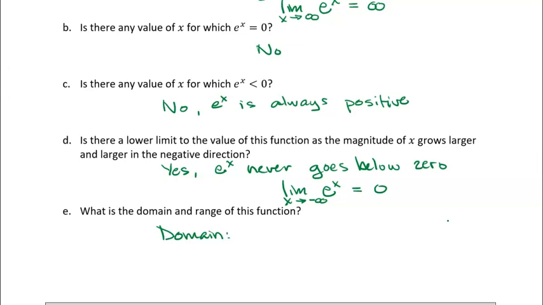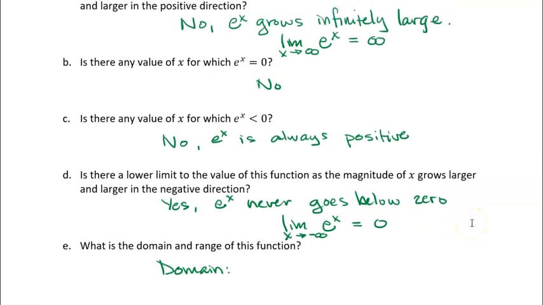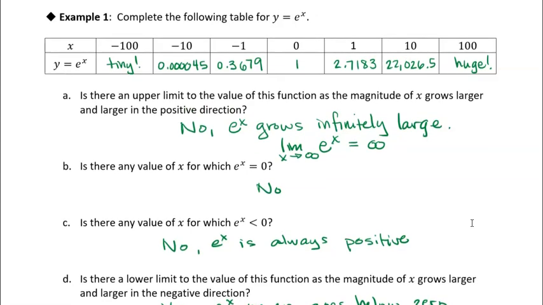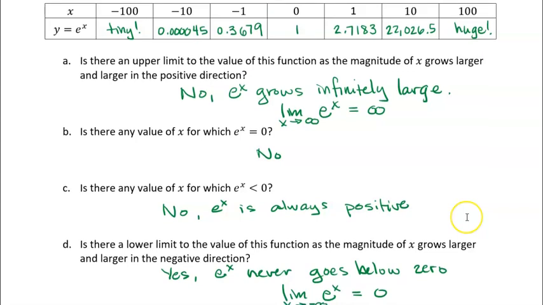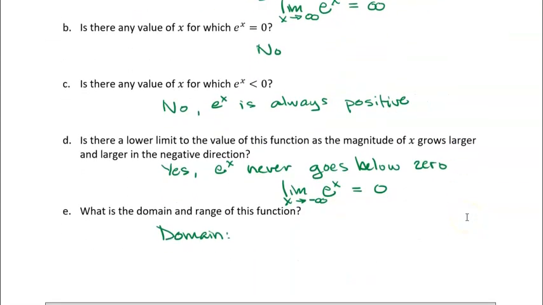And we saw up here in our table that we can put in whatever we want, really. This is only a sampling of what we could put in, but there's no x values that are off limits. So I'm going to write this using interval notation. I'm going to say x is an element of the set negative infinity to infinity.